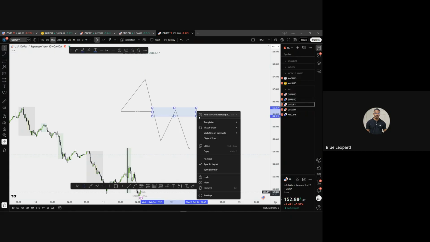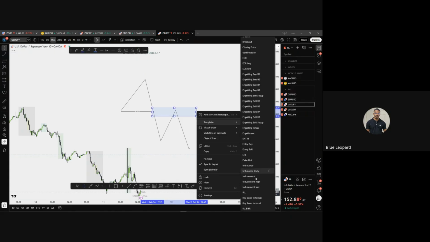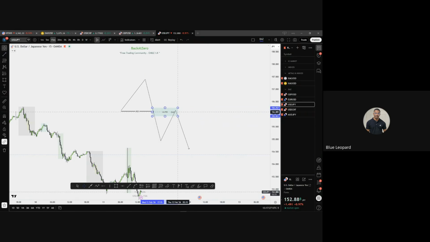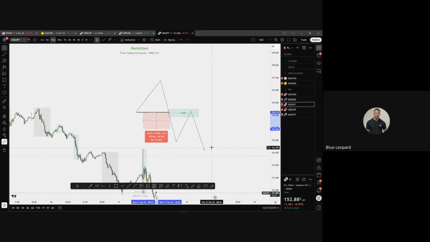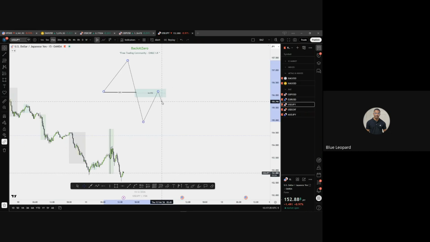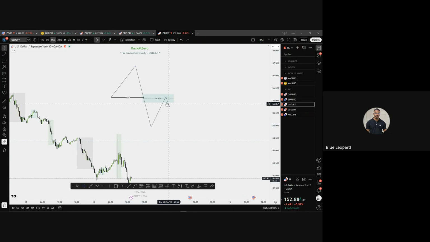This is an internal range liquidity. Internal range liquidity, I can also call it internal point of interest, because this is where I'm expecting price to react. But when price is somewhere around here and it created the reversal, now I'm expecting to see price drop toward the external range liquidity.